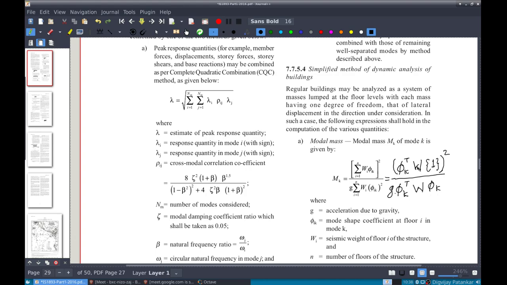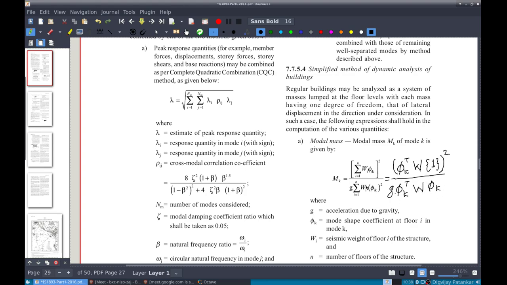Now this W is a matrix which is n cross n. Phi k transpose, let us say this is the first modal mass. If I want to find it out, then it will be phi 1 transpose, so this will be 1 by 10, this will be 10 by 10, and this will be 10 by 1. So this will be one value, square of that divided by one value.